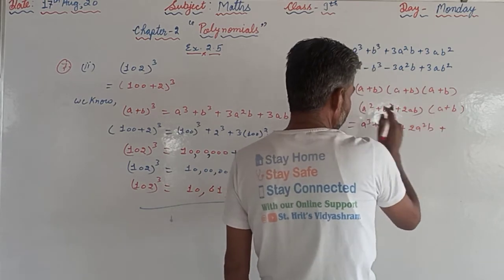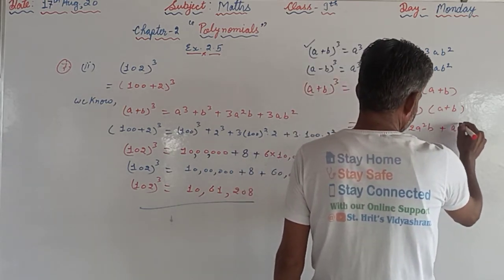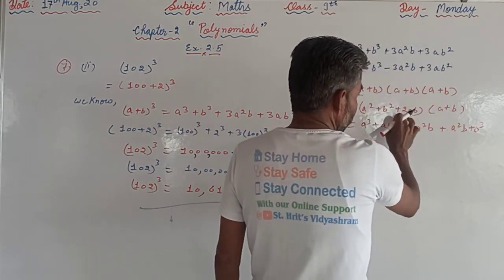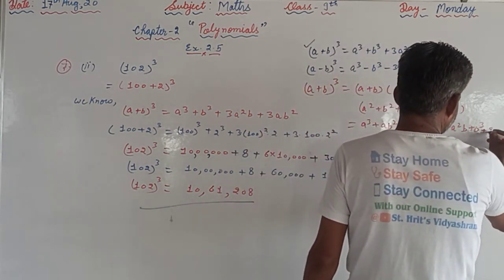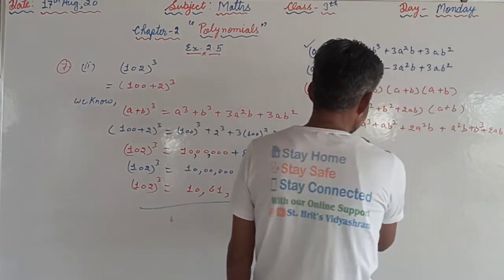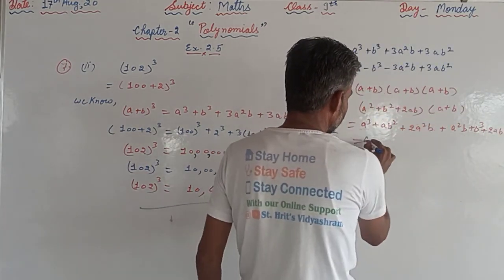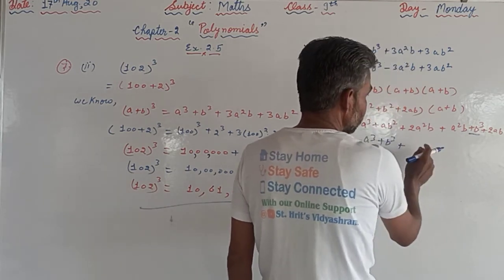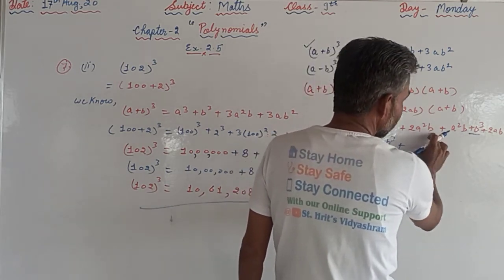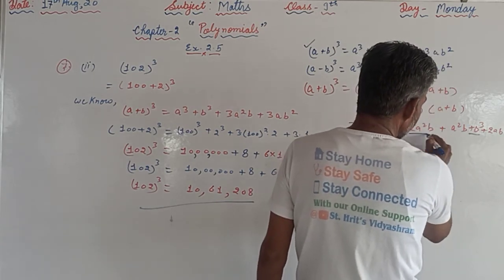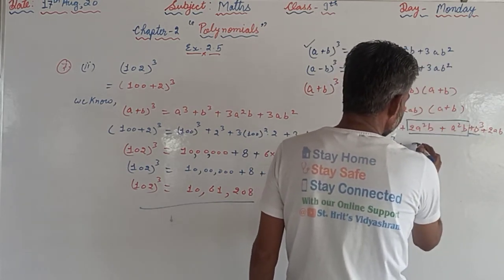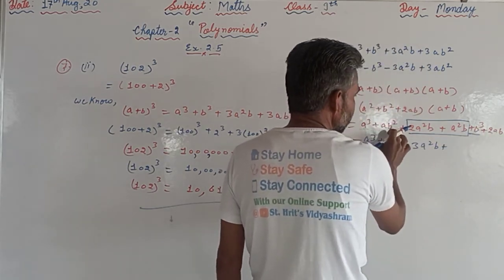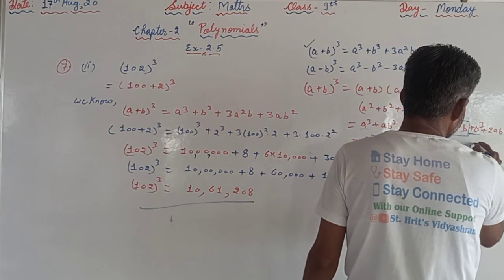Now by b we have to multiply: a square b plus b cube plus 2ab square. Then we can collect the terms: a cube plus b cube plus 2a square b and a square b. 2a square b plus a square b is 3a square b, plus 2ab square plus ab square, 3ab square.